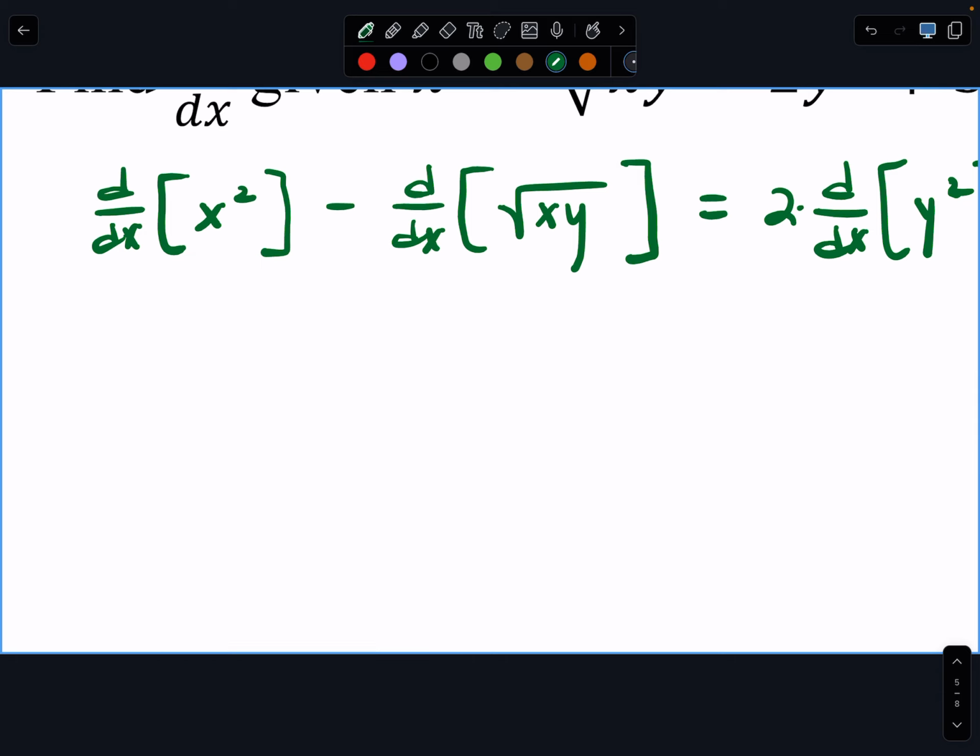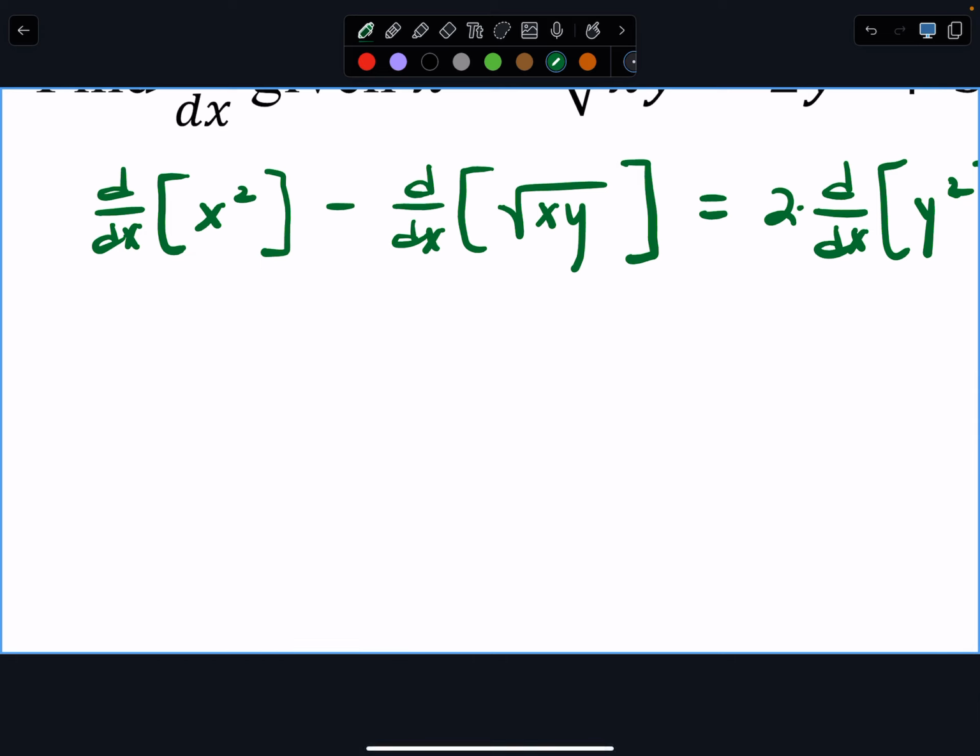I would like to at least do the left-hand side with you guys. Now, derivative of x squared ends up being 2x, right? And if you wanted to put times dx over dx, that's great. And then this, remember, is the same thing as x times y to the 1/2 power, where we're going to want to think chain rule.